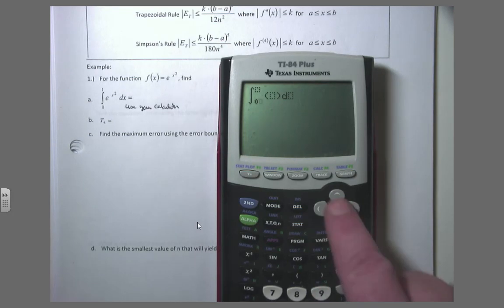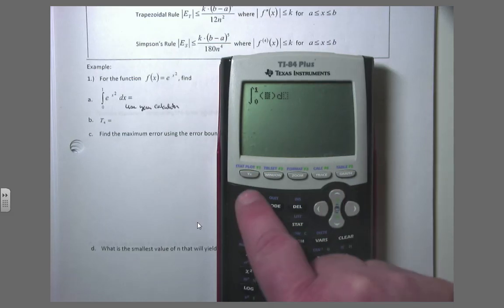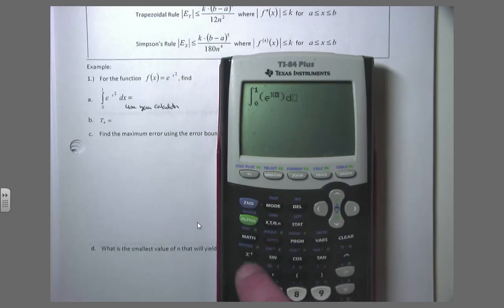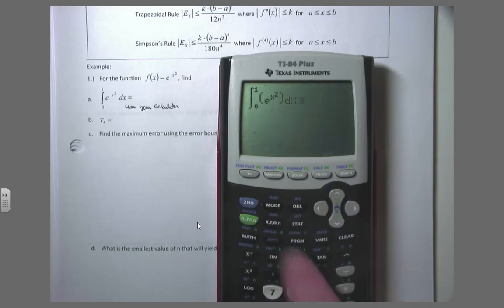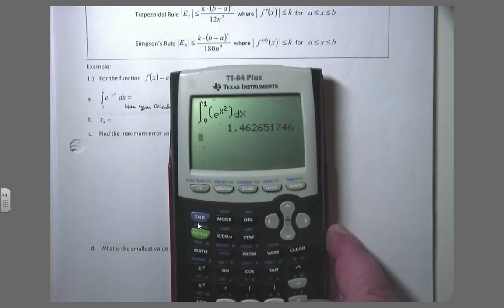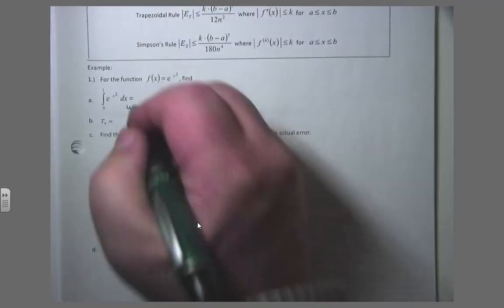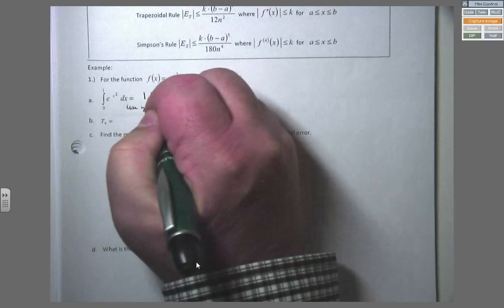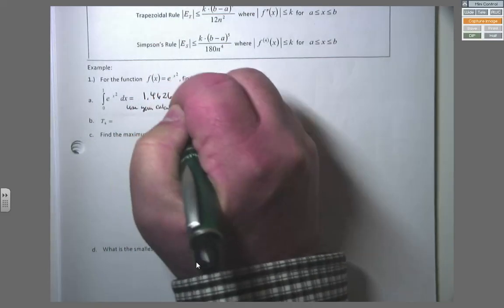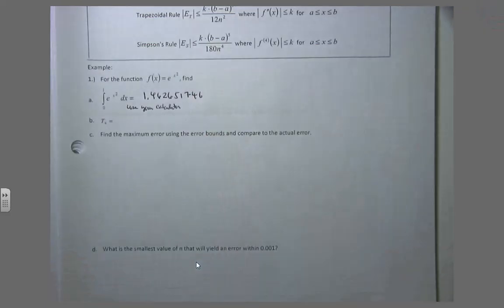Integral from 0 to 1 of e to the x squared dx. What does the calculator give me for the answer? 1.462651746. That's what the calculator tells me the integral is.